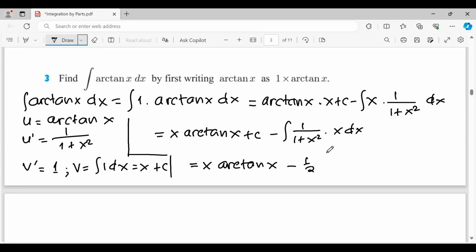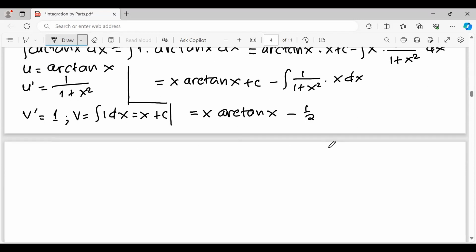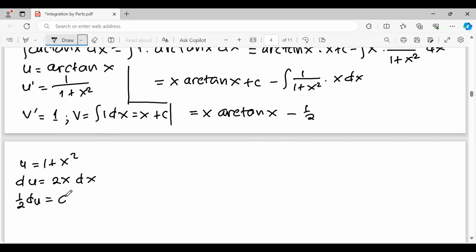Okay. Now I'm going to show you how we find this integration. So if u is 1 plus x squared, so du equals 2x dx, or half du equals x dx.